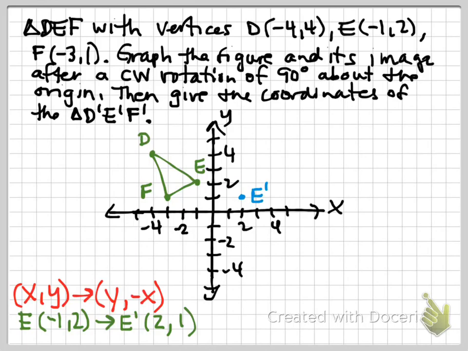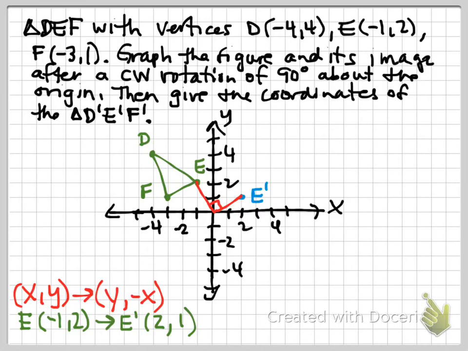And again, here's your 90 degrees. You could actually physically use a protractor to measure where 90 degrees would be from the origin along the line of where that line DE is, and see if you could draw it in. Once I get that in, then I'm going to figure out the rest of them.